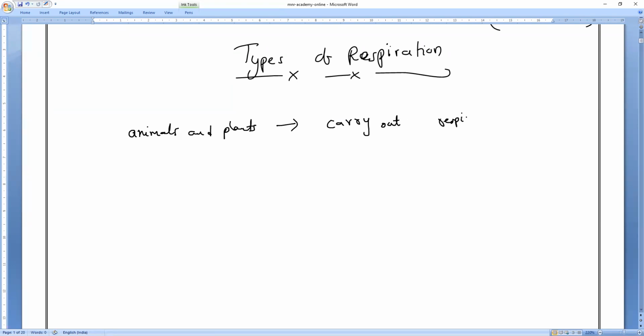Including plants, don't think only of photosynthesis; of course, they carry out respiration also. Most animals and plants carry out respiration by using what? Oxygen. So organisms that carry out the respiration reaction by using oxygen, we call that aerobic respiration.